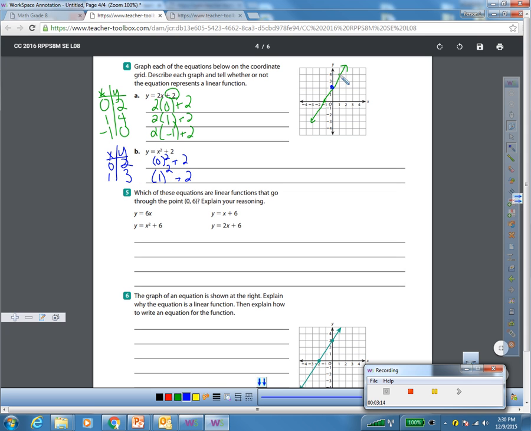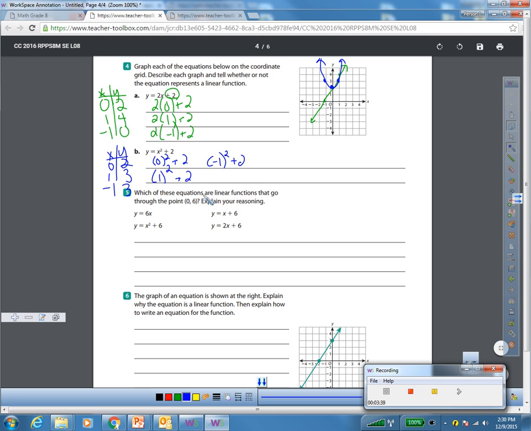So 1 and 3. Plug in -1. Okay, so when I square -1, that gives me 1 plus 2 also gives me 3. So I no longer have a constant rate of change, and I'll graph that point. I end up with a U shape, so that's nonlinear.